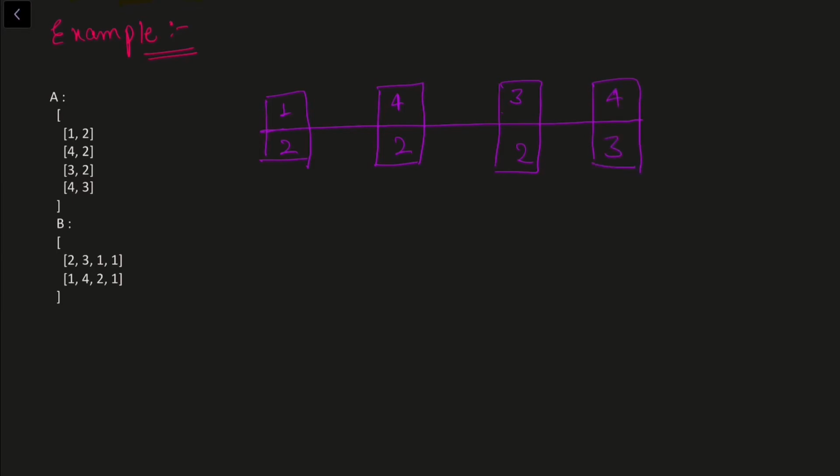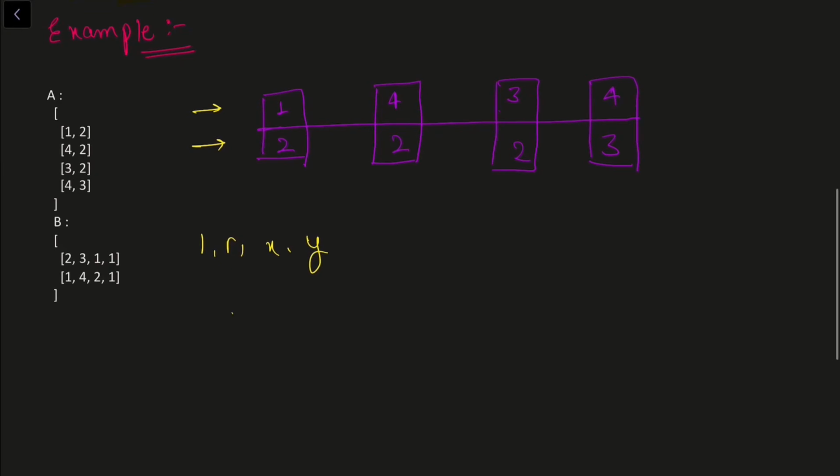So these are the 4 shops and these are the 2 types of items. This is the first type, this is the second type. Now we are given queries, right? So queries are in the form of L, R, X, Y, right? So the first query is 2, 3. Let me write the index for these elements.